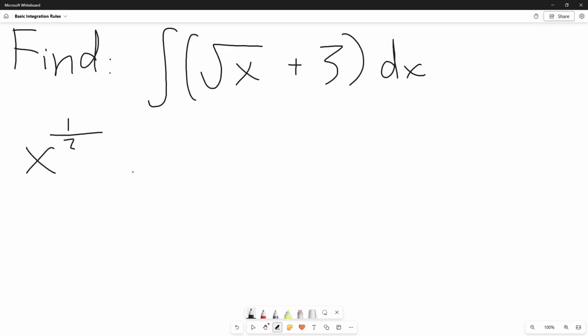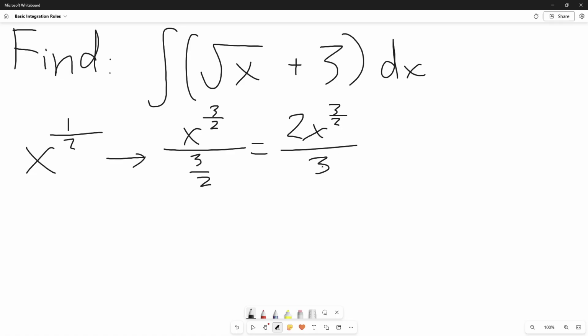of 1/2. And then we can just use the power rule we got, so it's just going to be x to the power of 3 over 2 over 3 over 2, because 1/2 plus 1 is 3 over 2, which is equal to 2 times x to the power of 3 over 2, over 3.